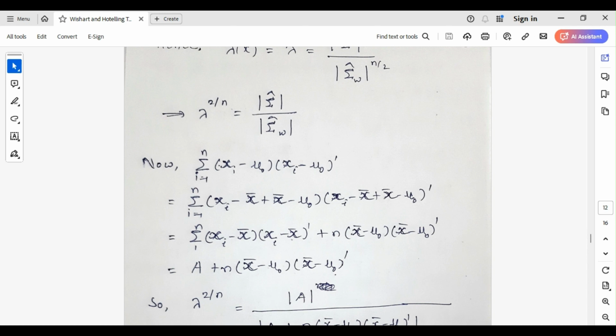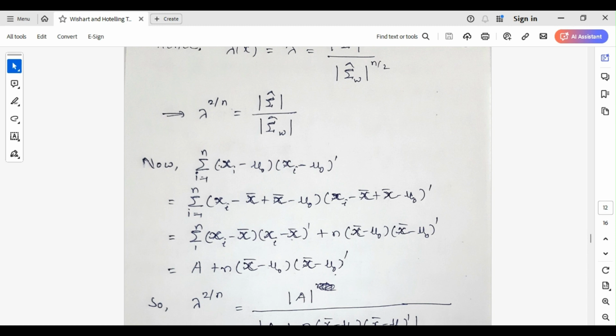So we consider the product of summation xi minus x bar, xi minus x bar transpose. Then we'll have summation xi minus x bar into x bar minus mu naught transpose. Now this summation will be 0 because x bar minus mu naught transpose you can keep aside and take this summation inside, and then this summation will be a null vector. So as a result, the product will be a null vector. So in this, both the cross product terms are null vectors.